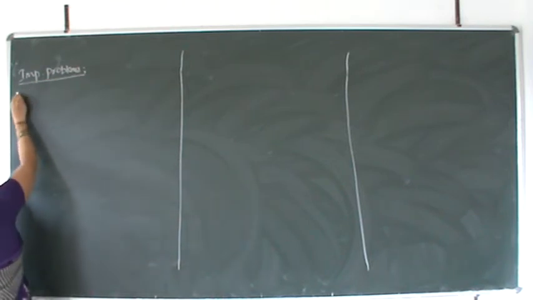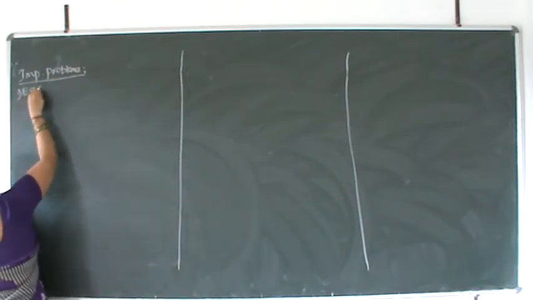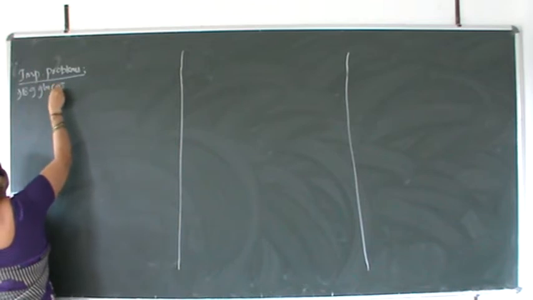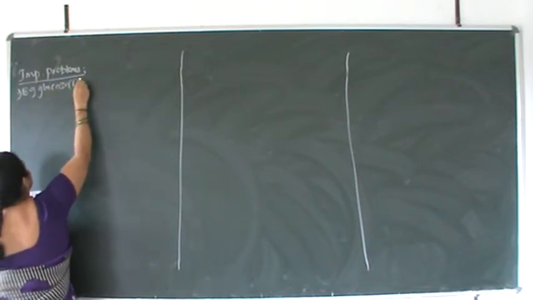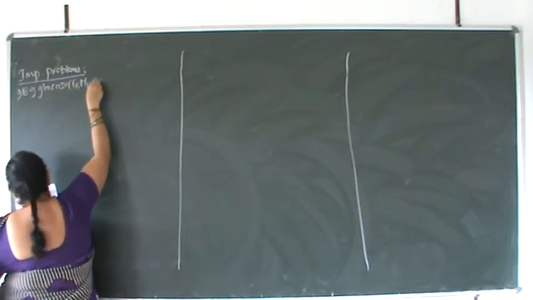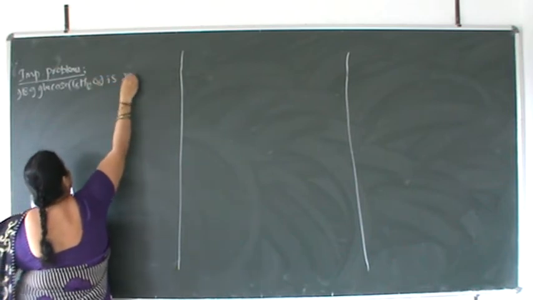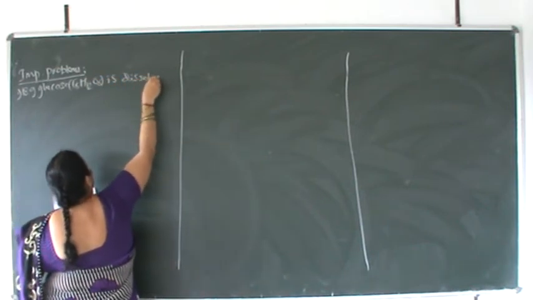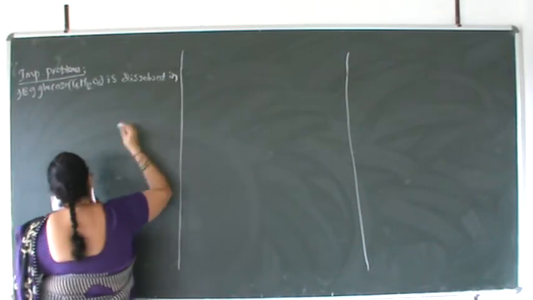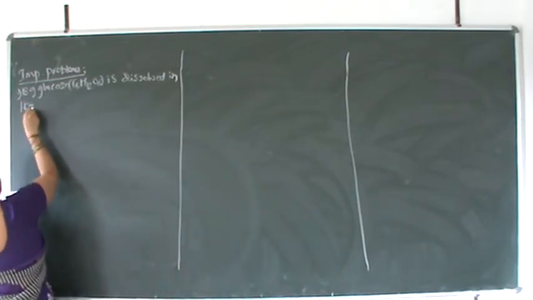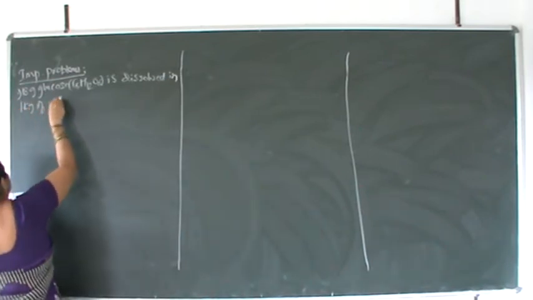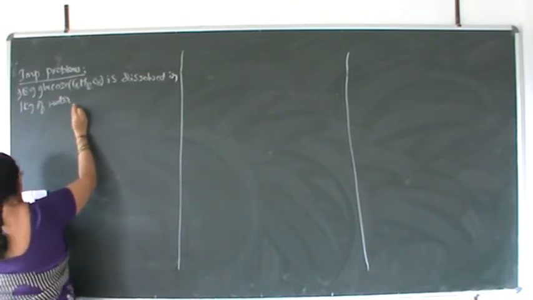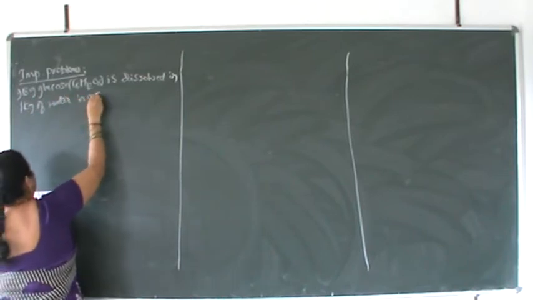Question number 1. 18 grams of glucose, C6H12O6, is dissolved in 1 kg of water in a saucepan.